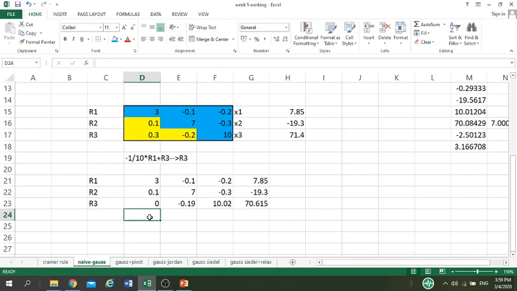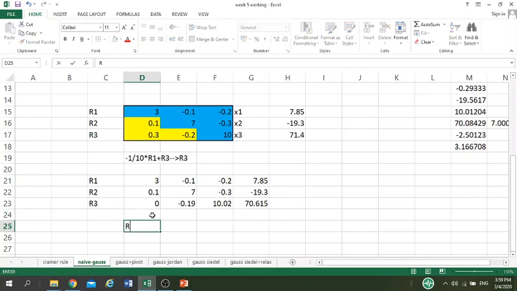Hang on. So what I can do is, I can do something on row 1 and row 3.